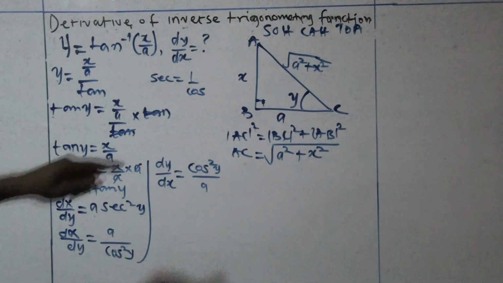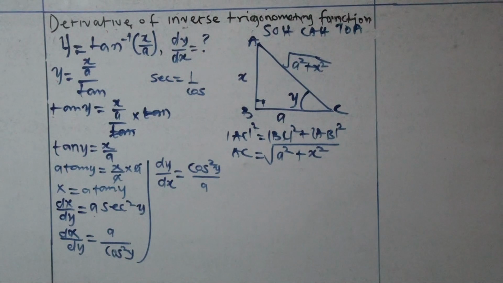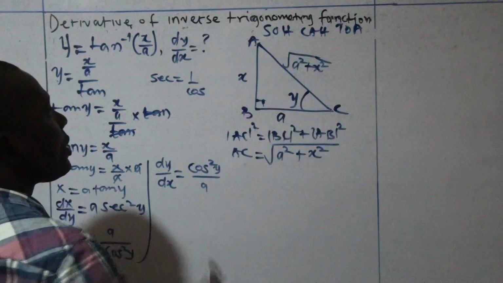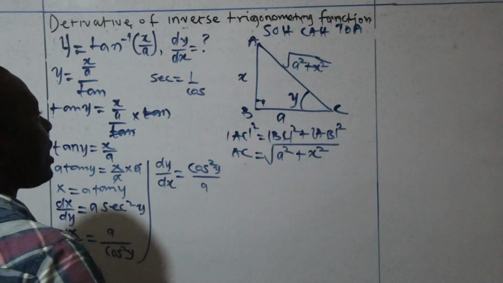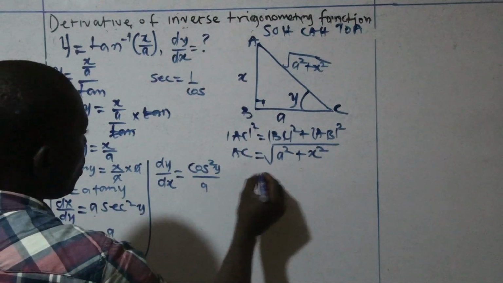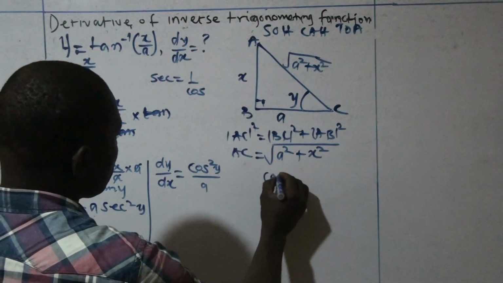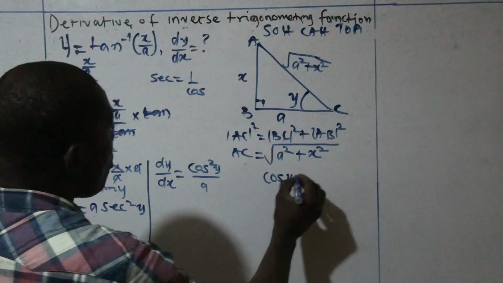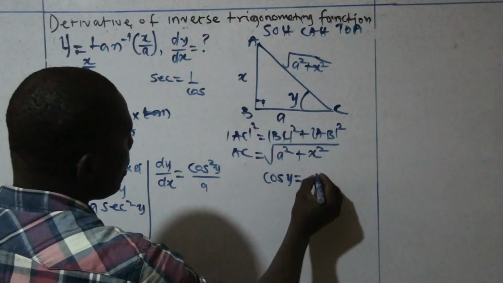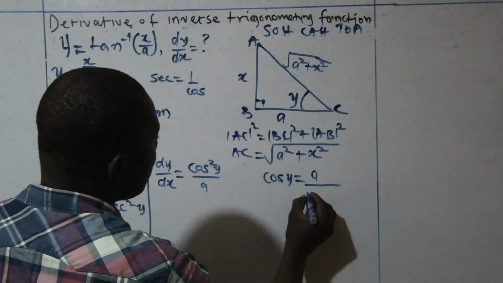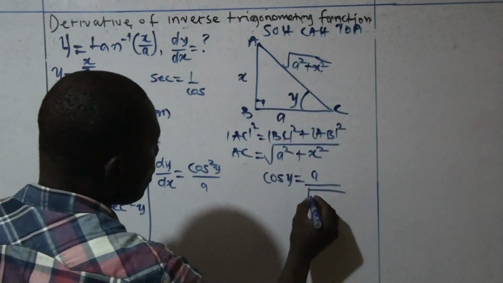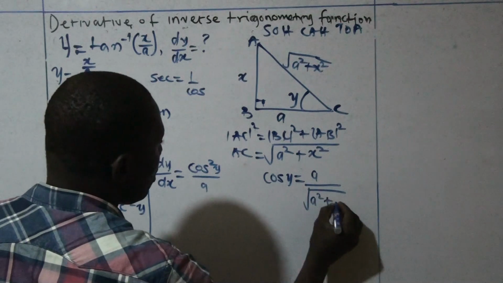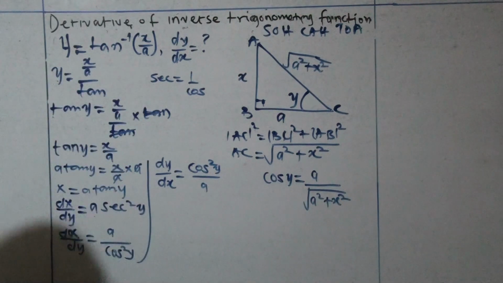Now, from this right angle triangle, let's find the ratio of cosine. Cosine is adjacent over hypotenuse. This is our adjacent a. So our cos y becomes adjacent, which is a, divided by the hypotenuse, which is the square root of a squared plus x squared.